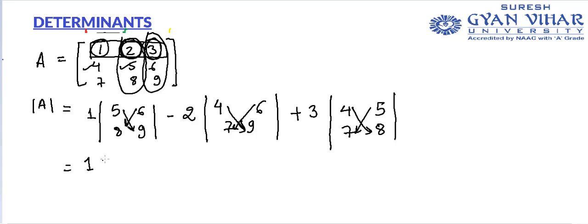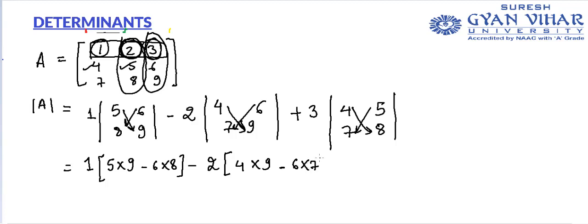So it would be 1, and then you write 5 into 9 minus 6 into 8, minus 2 times 4 into 9 minus 6 into 7, plus 3 times 4 into 8 minus 5 into 7.